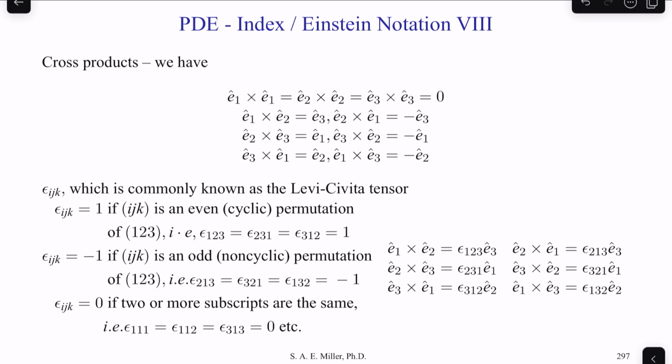Let's look at an example. If the permutation is cyclic, then epsilon i, j, k will always be 1. And here are the examples and rules of what cyclic means. Epsilon 1, 2, 3, epsilon 2, 3, 1, epsilon 3, 1, 2 will all be unity.